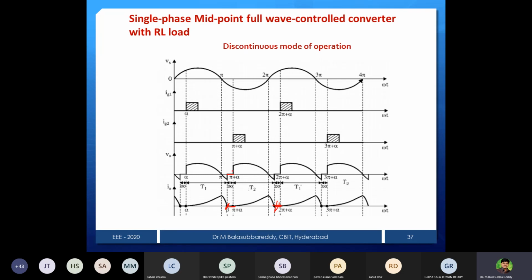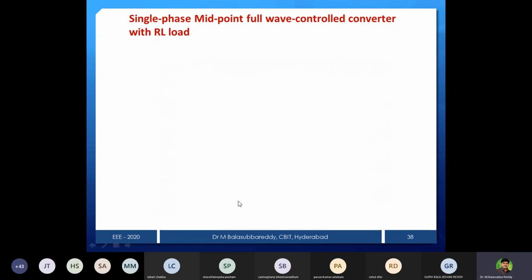So during this small instant no device is conducting. That's why the current waveform is in discontinuous mode of operation. Whereas the previous current waveforms were continuous, now the current waveform is discontinuous. So that is the reason I mention that it is a discontinuous mode of operation.